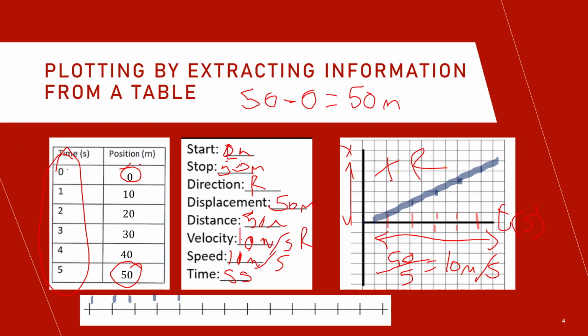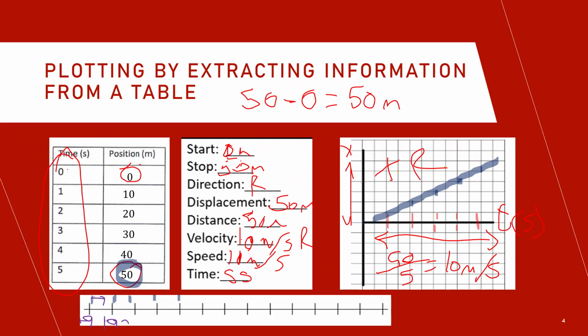And since we know that these are moving to the right, and there's a total of 50, we know the size of each one is going to be 10 meters. So we can go ahead and write that between this point and this point should be 10.